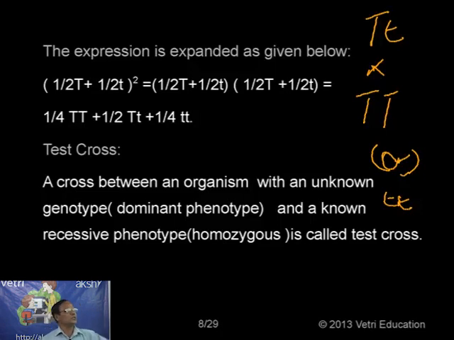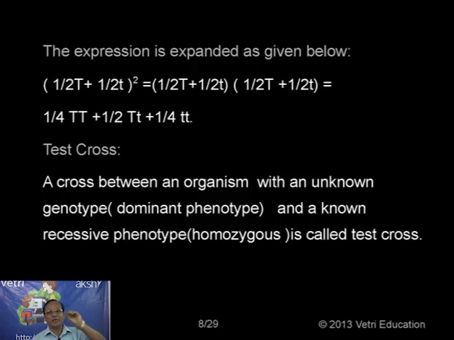It is a supporting cross, normally used to find out the nature of the dominant parent involved in the cross. If you want to know the genetic nature of the dominant parent, we take the unknown genetic parent and cross it with a homozygous known recessive parent. This cross is called a test cross.